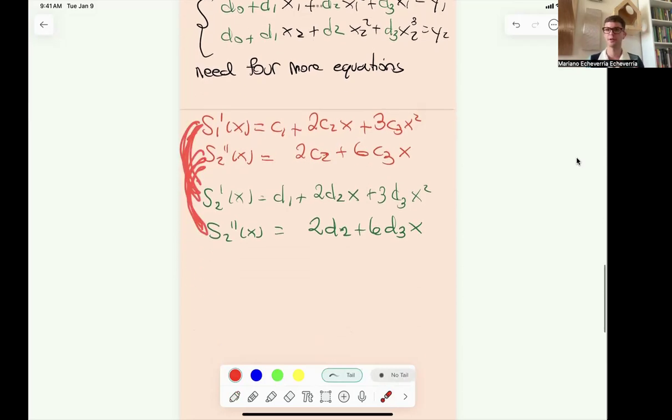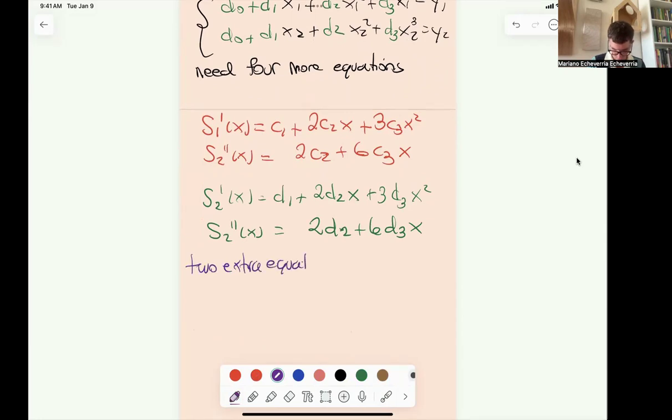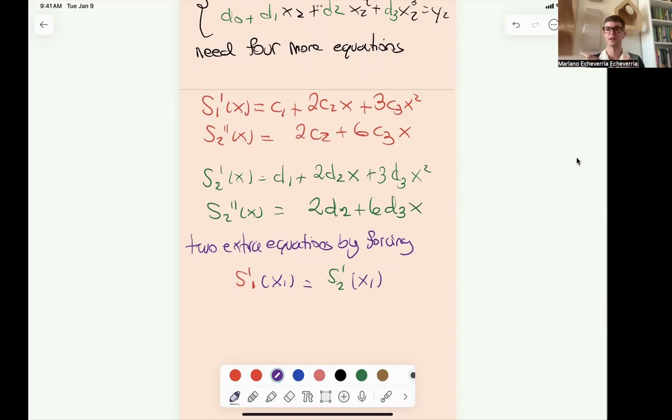So there are two extra equations coming from that: the first derivative of the first spline at the point x1 should be the same as the first derivative of the second spline at the same point, and the second derivatives also coincide at that point. Because we only have 3 points, x1 is where the breakdown happens, the change in the formula.